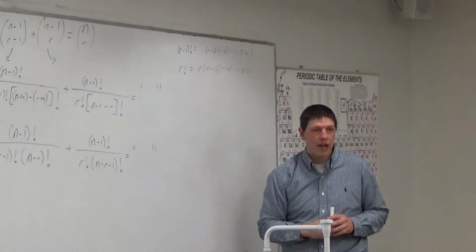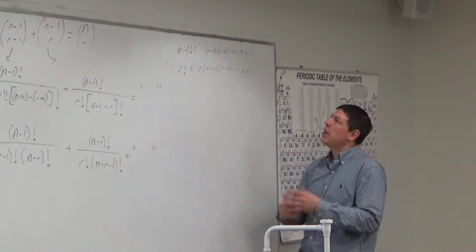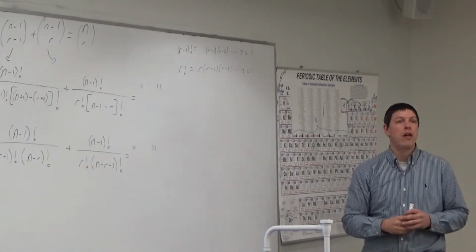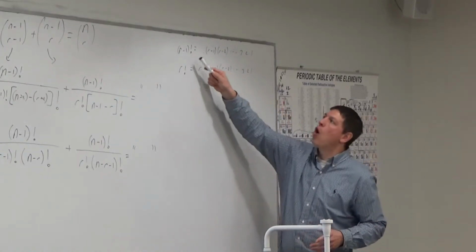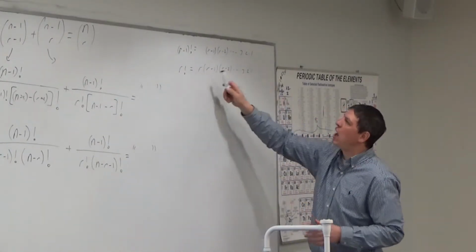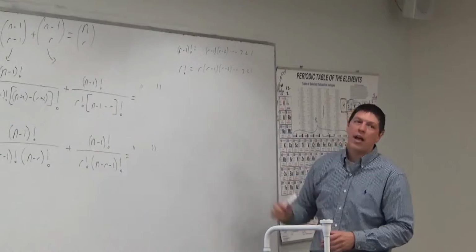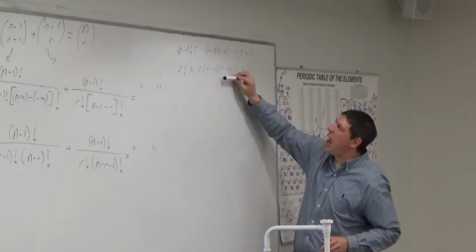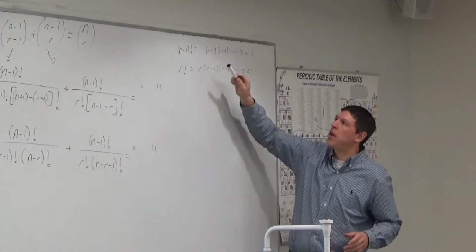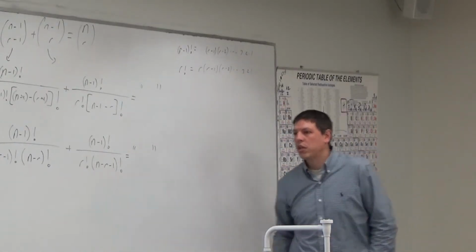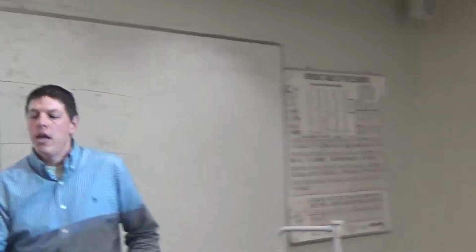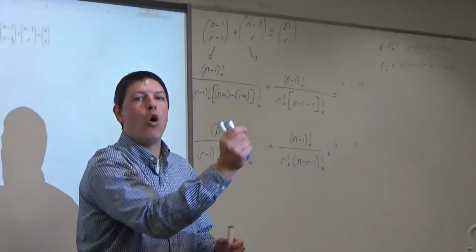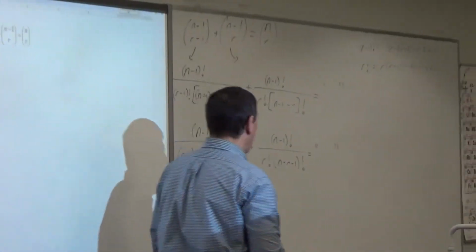R factorial, right? Guys, isn't it so plainly obvious, now that I've written it out, that r minus 1 factorial has everything that r factorial has except for r? Can everybody see that? So basically, all I would have to do is multiply by r, and that would give me the r factorial for this.